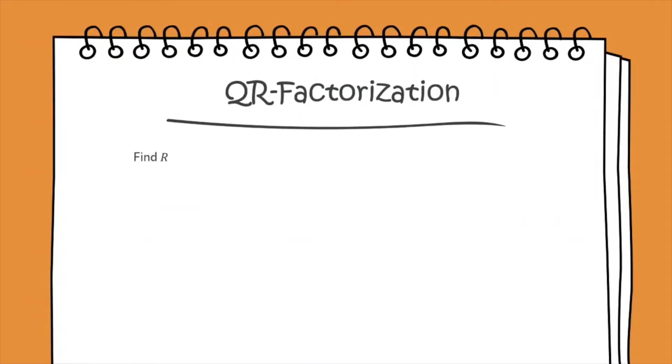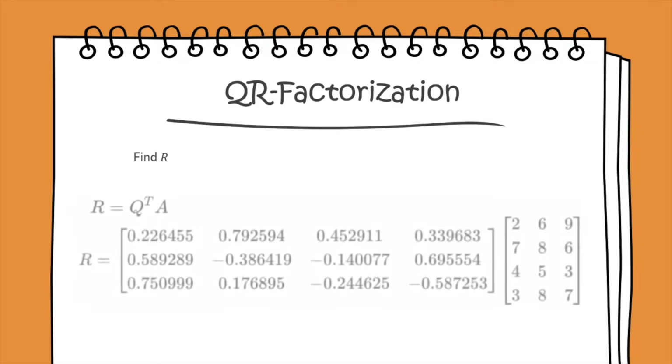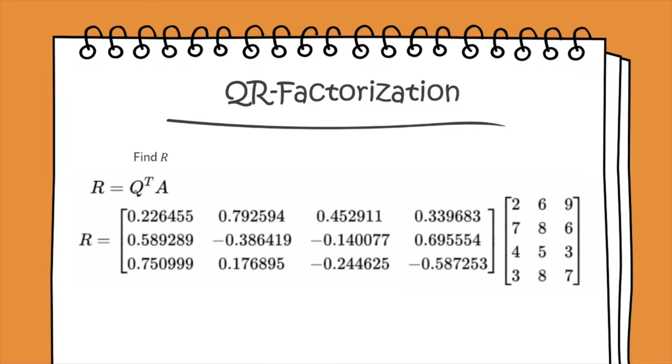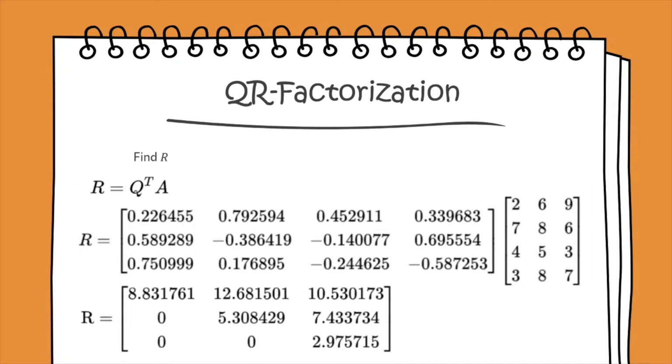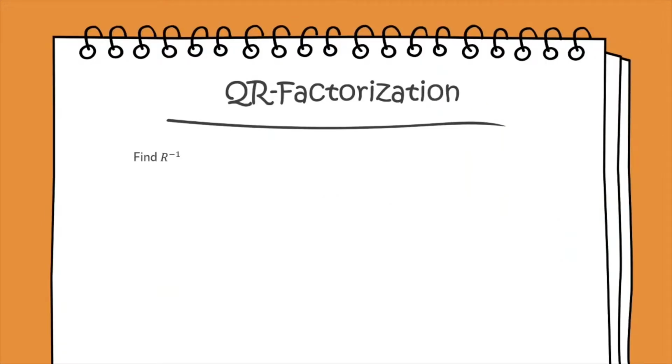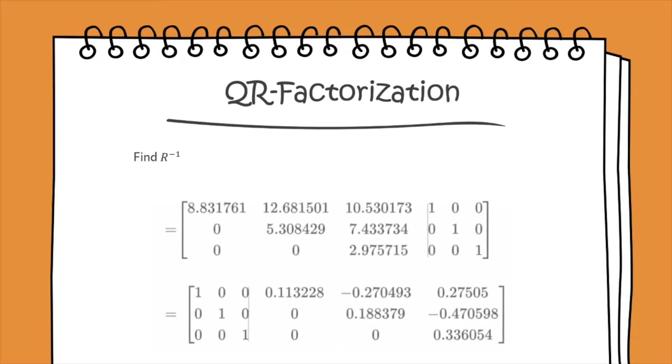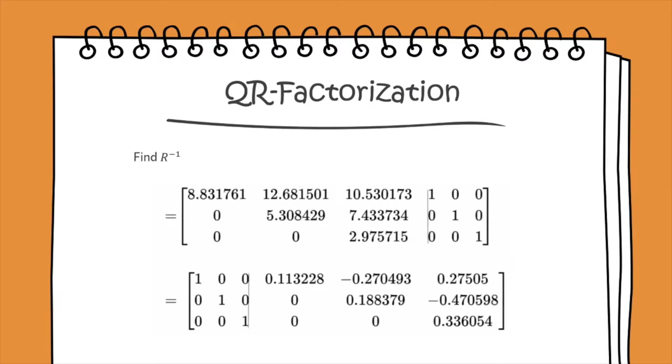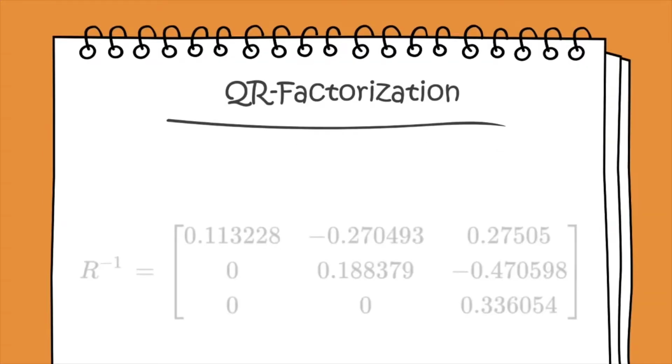And after that, we need to find our R. We can use this formula, which is Q transpose multiplied with matrix A. And this is our R. And after we get our R, we need to inverse it, which is we need to find our R inverse. And this is our R inverse.